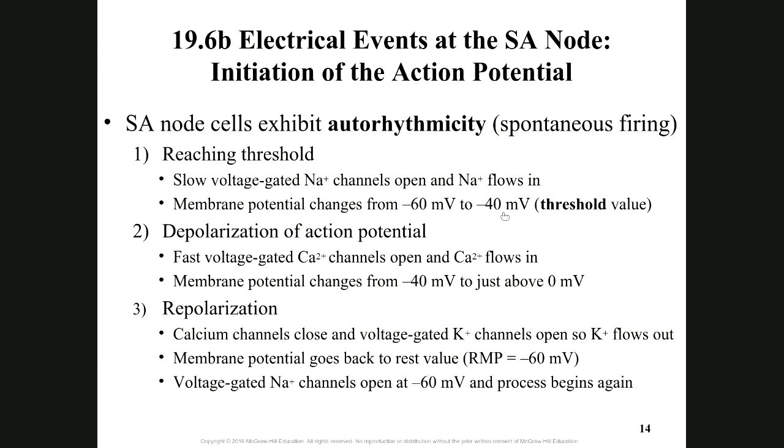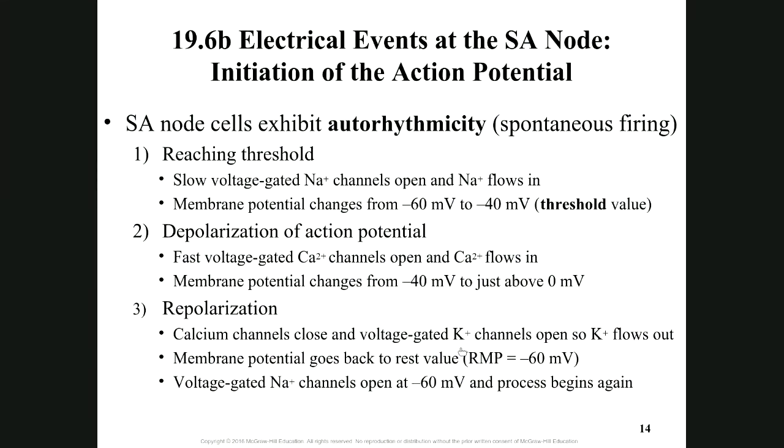After that, the fast voltage calcium channels become open, calcium ion come to our cell, and membrane potential changes to about somewhat above 0 millivolt. And then you have repolarization, calcium channels become closed, and voltage-gated potassium channels become open, and potassium comes out of our cell.